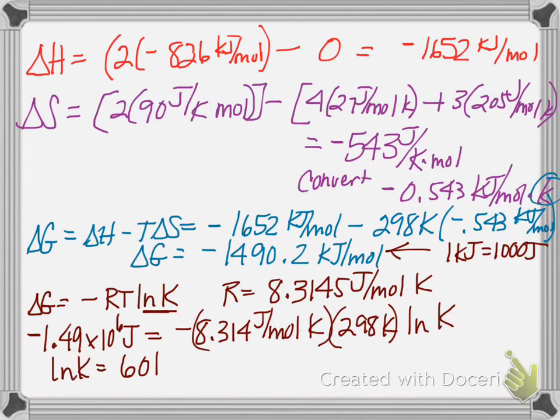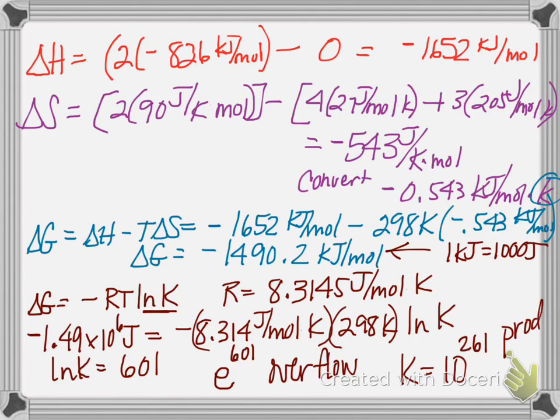And then when we want to get rid of the natural log, we just take e to the 601, and when you type that into the calculator, you probably don't see this very often, but it says overflow, which means it's too big of a number for our calculator. So in your notes, you'll notice that K is equal to 10 to the 261, which is a really big exponent. So this would definitely have products favored on this one.